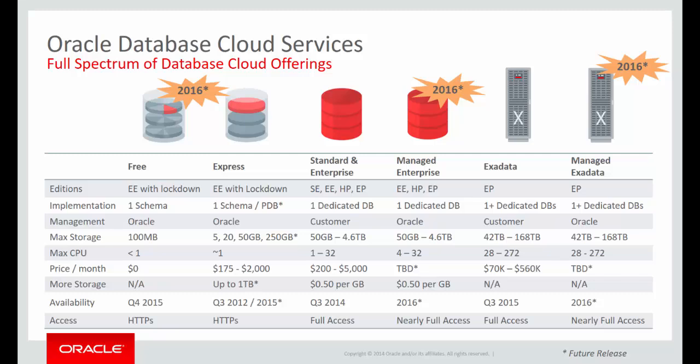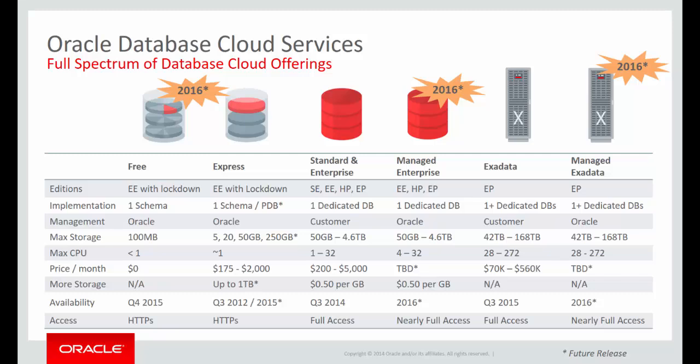Next, we see Exadata Cloud Service, and as I said before, Exadata Cloud Service comes in 3 particular sizes. It comes in a quarter rack, a half rack, or a full rack. Depending on which size you choose, you'll get a certain amount of space and processors for you to scale with. They start as low as 28 OCPUs, or Oracle CPUs, and 42 terabytes of usable space, all the way up to 272 processors and 168 terabytes of usable space.